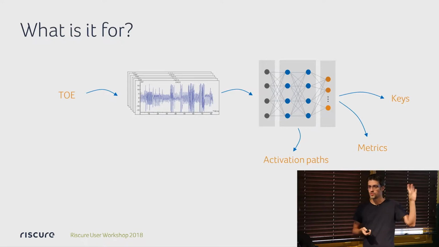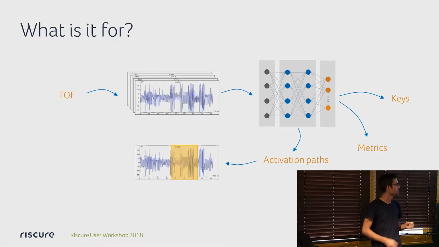This can be done through the verification of the activation path. If you understand the activation paths for what the neural network does in your traces, you can understand which part of the trace the network is actually learning from, and which samples are more important for the decisions the network is making.